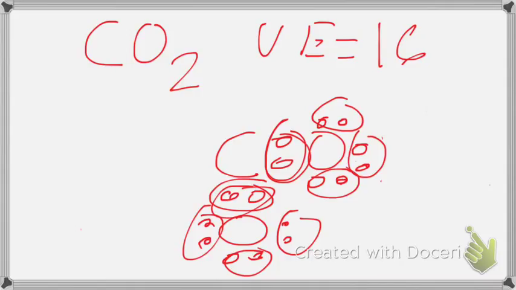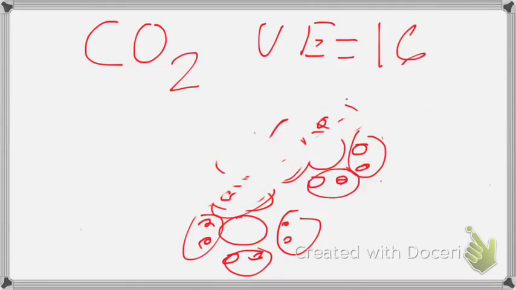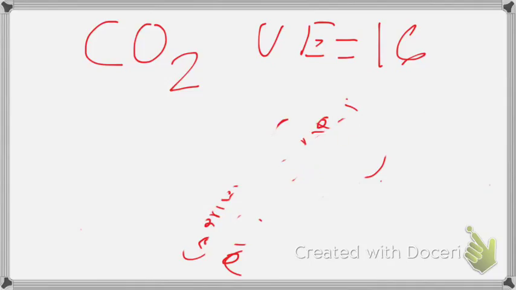So what can we do? Well, this goes to the last rule, number 6. What does this say? It says that if we're deficient in valence electrons, then we need to take or borrow a lone pair of electrons and make a double bond. And so that's exactly what we're going to do. So let me clean this up again so we can see here.